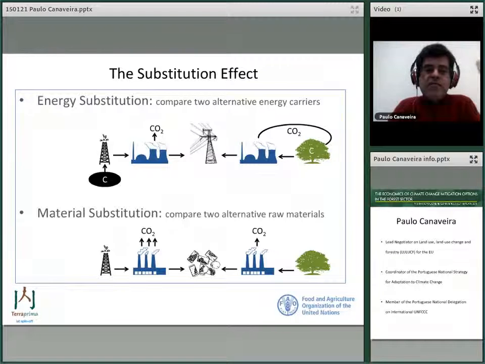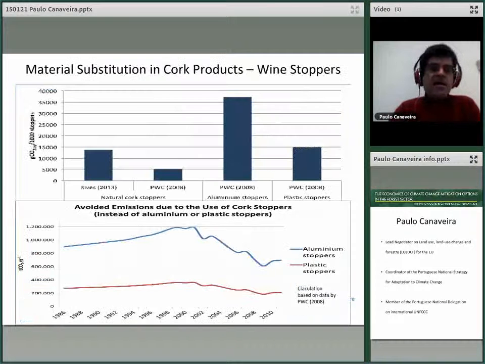And so the most iconic product of cork is, of course, the cork stoppers that we see in many bottles of wine across the globe. But there are alternatives in plastic and aluminium. This study by PricewaterhouseCoopers and other studies have been comparing the impact of producing these wine stoppers from different materials. The most common ones are, as I said, aluminium and plastic.